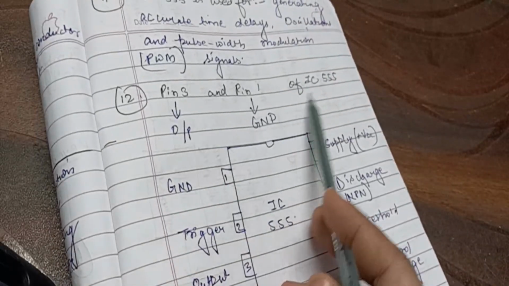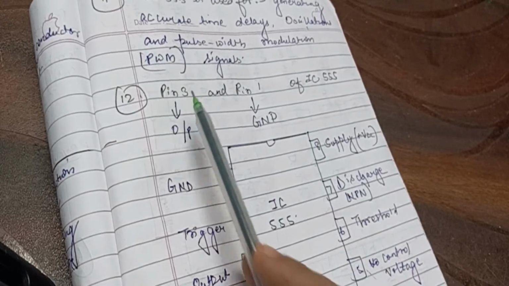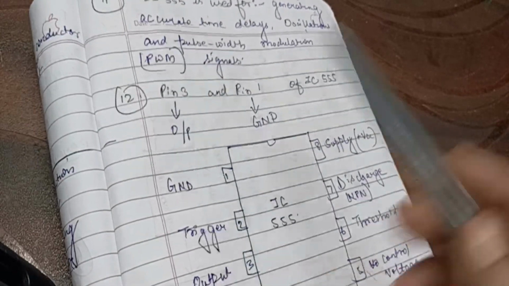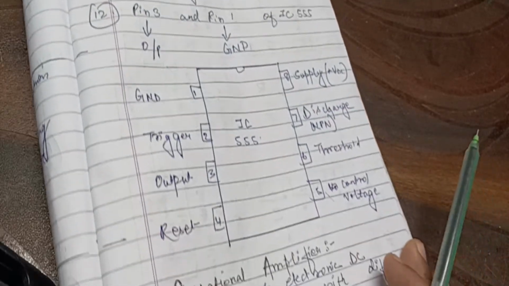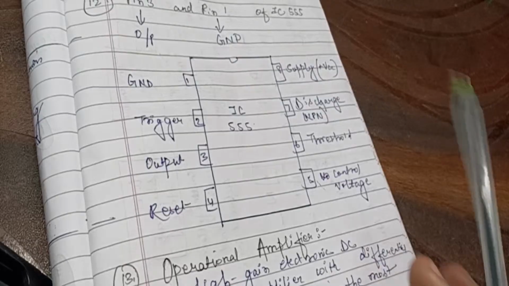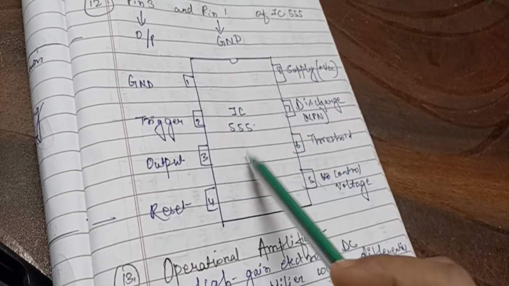In IC 555 timer, what is pin 3? From pin 3 we take output, and pin 1 is the ground. Let us see the diagram. This is the IC 555 timer.